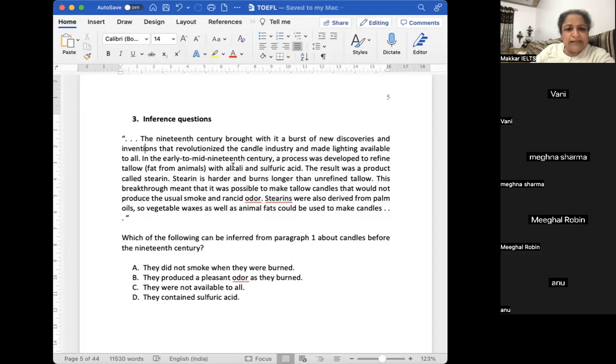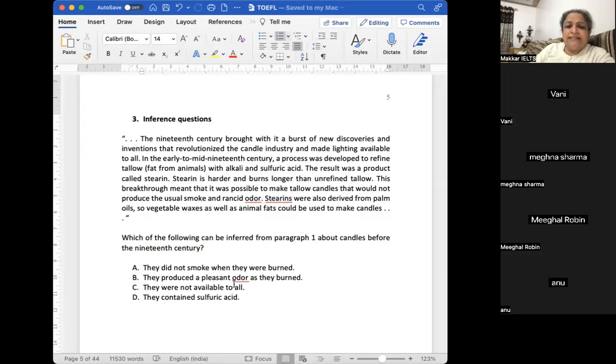Now see what has been given about smoke. See, it is given in the last line. This breakthrough meant that it was possible to make tallow candles that would not produce the usual smoke and rancid odor. So earlier they used to smoke, but now this technology has come in the early to mid 19th century, but we have to consider before the 19th century. So they did smoke, right? You have inferred that they used to smoke, so A is out. Is that clear?